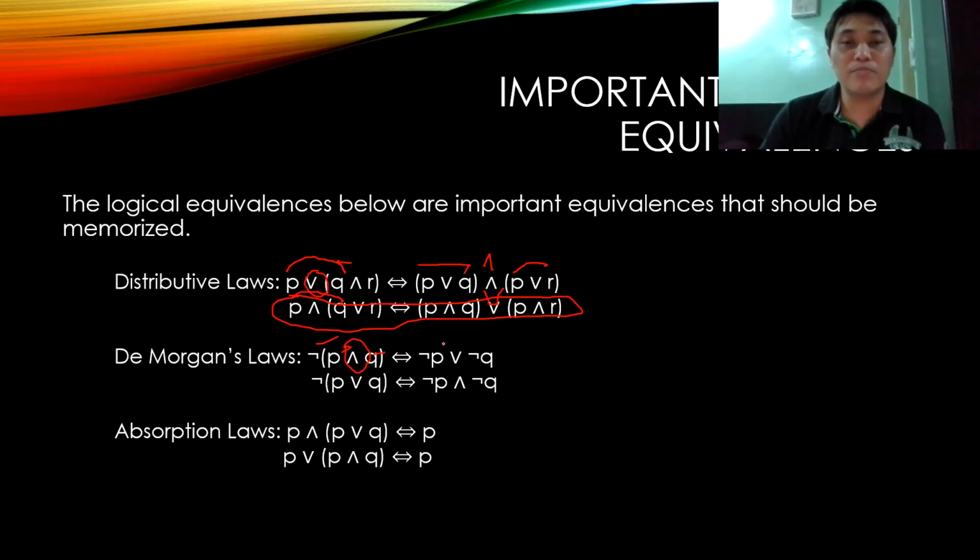So negation of P or negation of Q. Then for the next statement, negation of P or Q. So our answer is negation of P here, then reverse this one to and, logically and, then negation of Q. This is De Morgan's law.